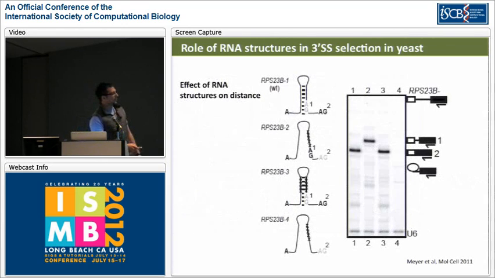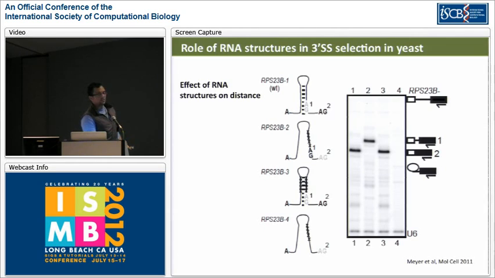So our experimental collaborators validated this hypothesis by basically mutating a predicted structure. We don't know whether this is real, but there might be one because of the computational prediction. So we mutate the bases so that we destroy the base pairing. And then what they see in this case is that splice site 2 is not chosen anymore, and 1 is chosen instead.